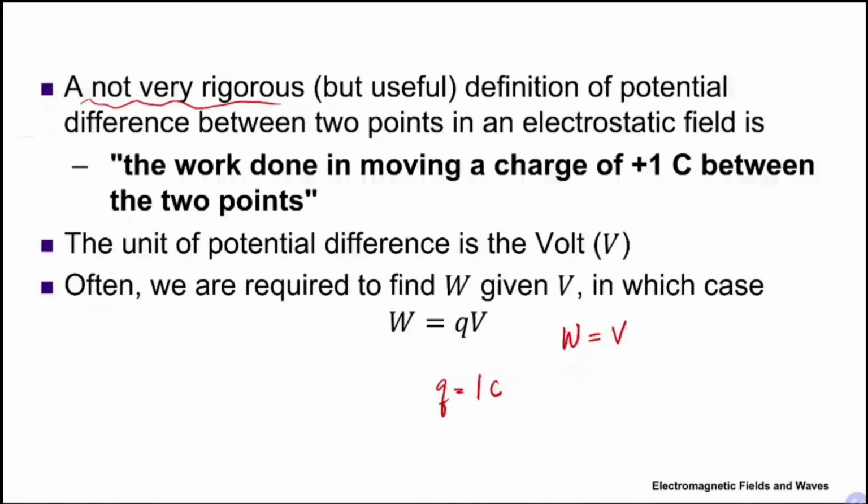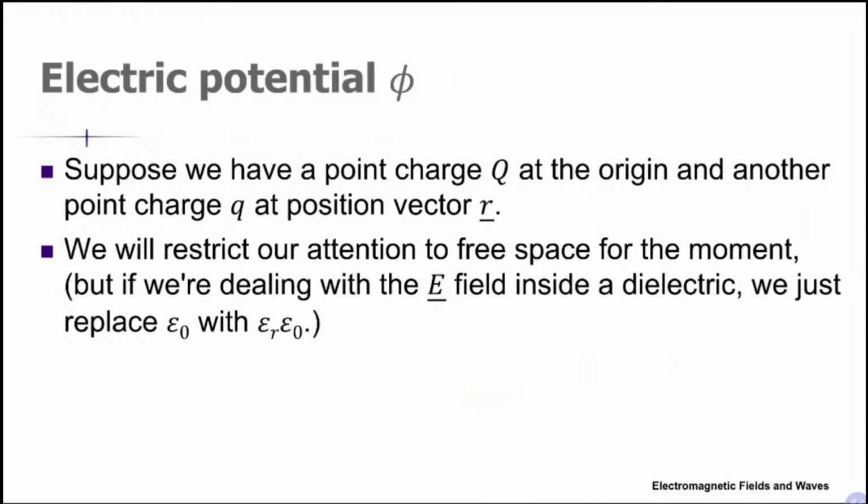That's potential difference. So we're now going to look at, in today's lecture, electric potential. Again, we use the symbol phi here. Suppose we have a point charge Q at the origin and another point charge, a small letter q, at a position vector r.